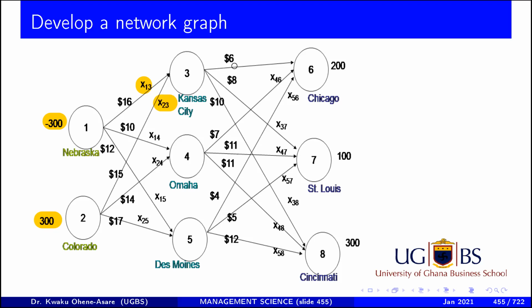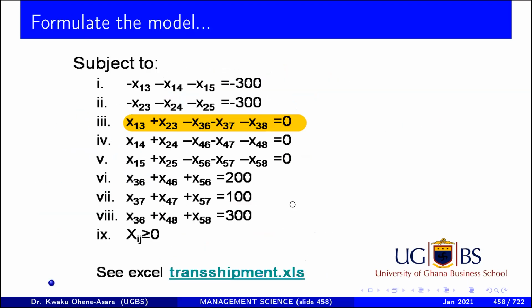Okay, and this other one is also entering the 3. So they are the plus. Then which are the ones leaving the 3? That one here will be leaving the 3. This one here will be leaving the 3. And that one there, X38, will be leaving the 3. So they will be minuses, and that's why you see them as minuses right here.